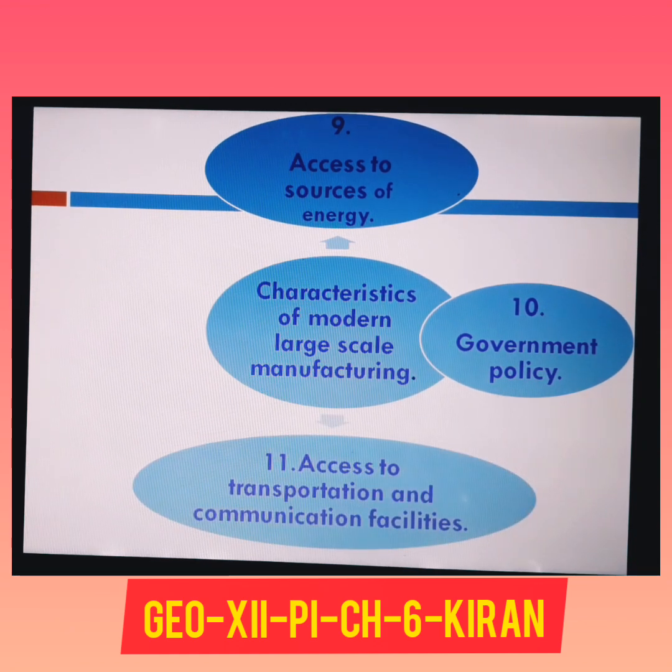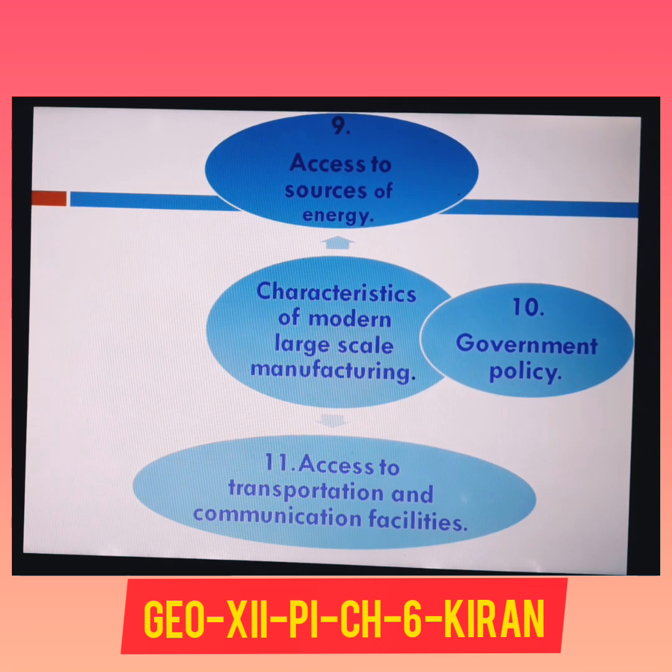Next is access to transportation and communication facilities. This is very, very important. Transport is required: quick, efficient, and all weather roads are required to bring the raw material and send the finished products to the market.